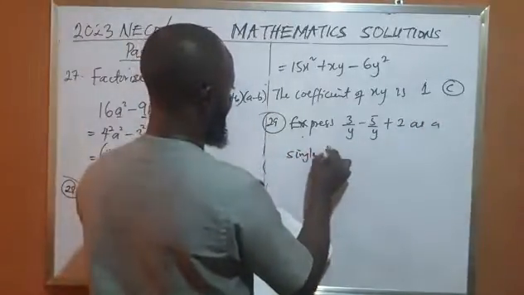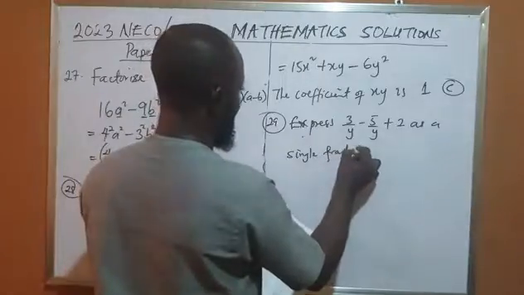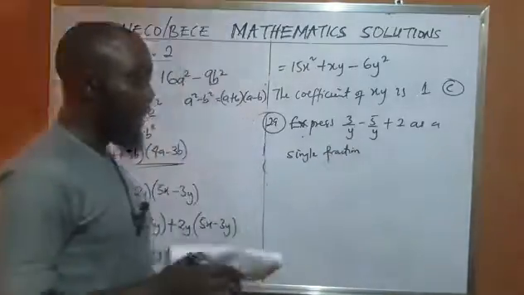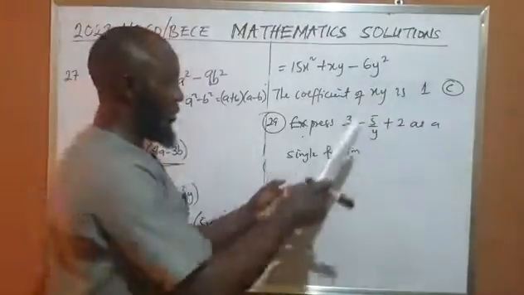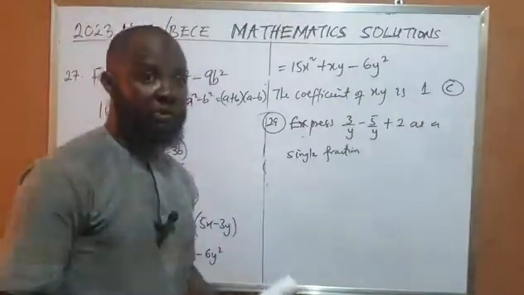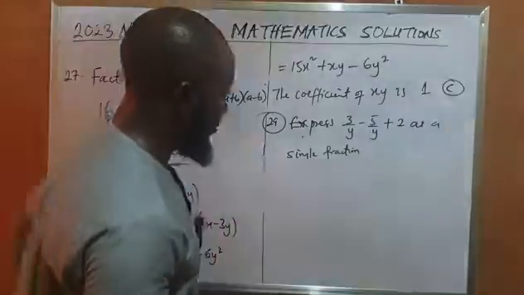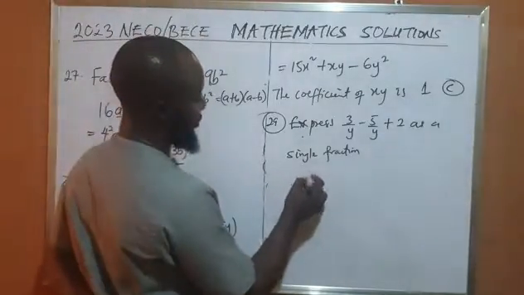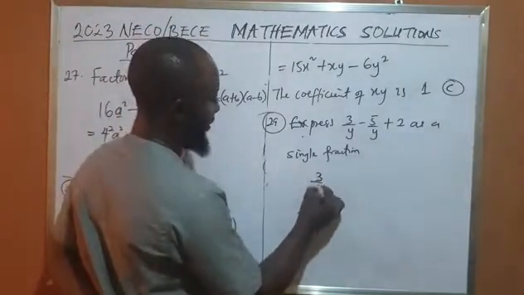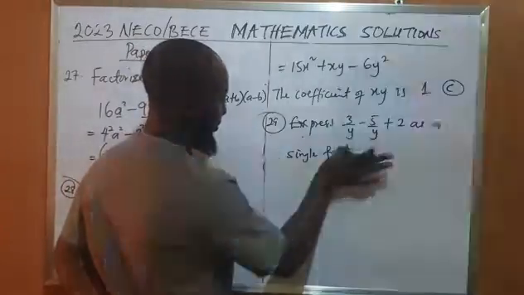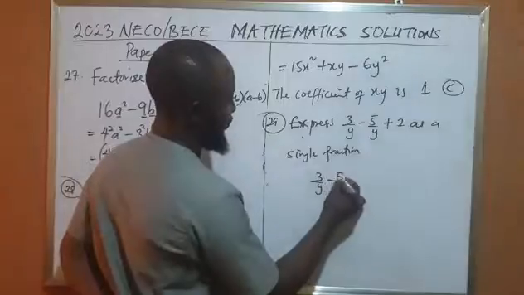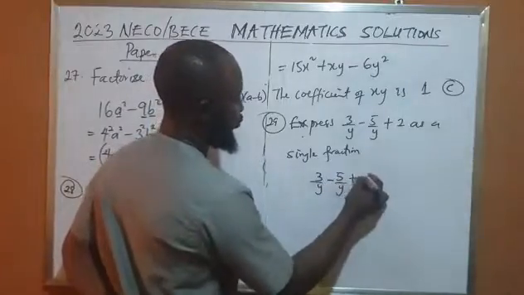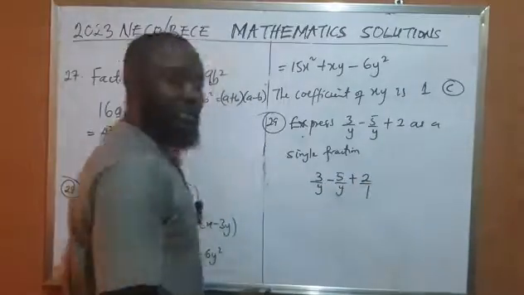As a single fraction. The way we add and subtract fractions is the same way we're going to do this. This is an algebraic fraction, so it's the same way we're going to add them together. In this case that will be 3 over y plus 5, minus 5 over y plus 2.